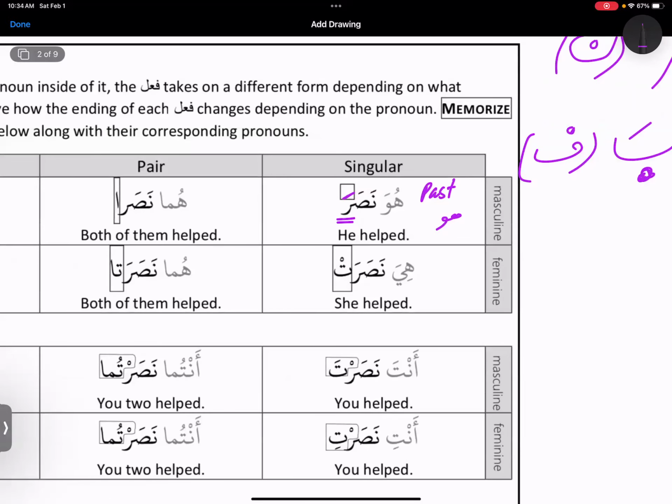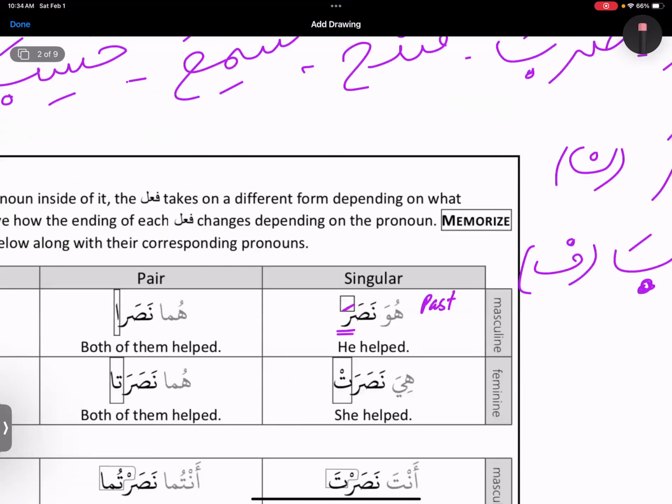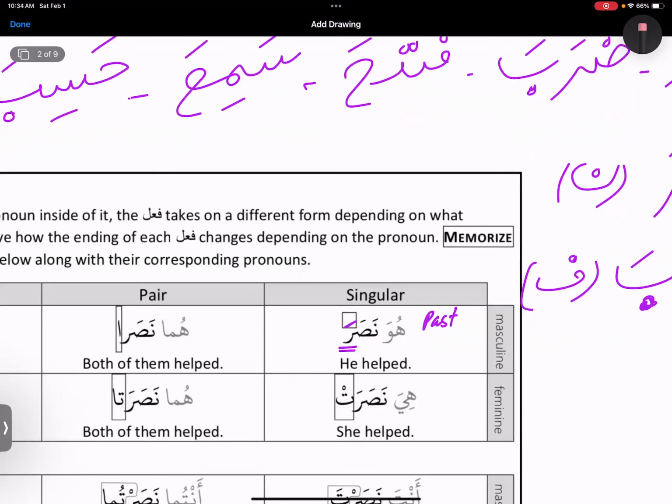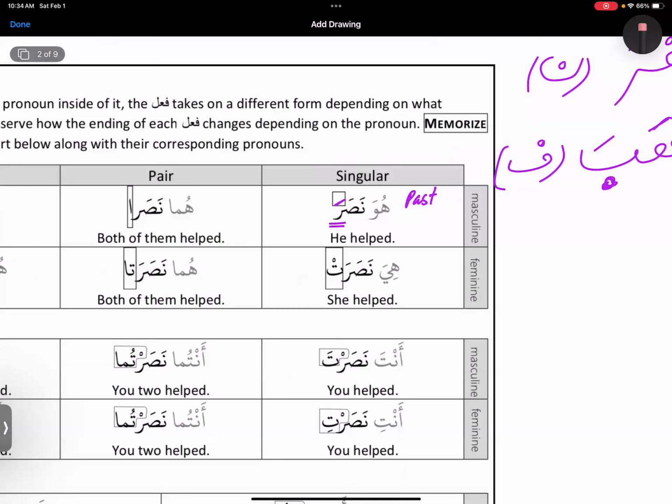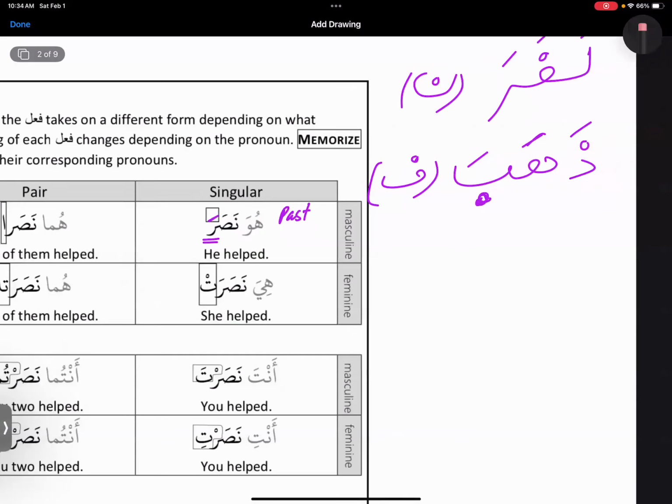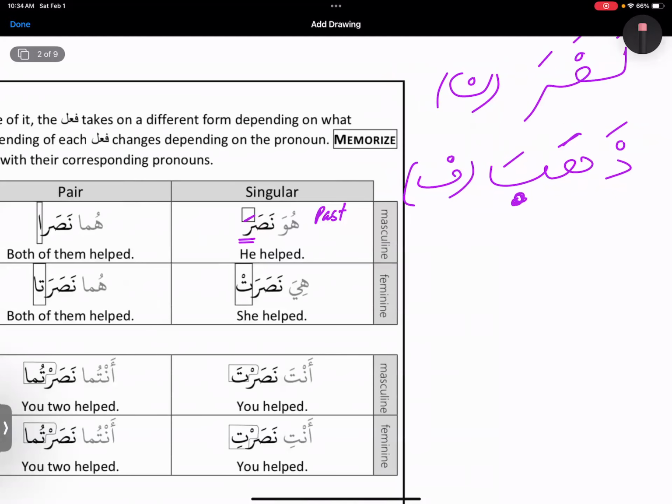Over here, this huwa, if you see it in the Arabic books, it will say Fi'lun Madin. This is how we are supposed to label it. We are supposed to say Fi'lun Madin. Again, what kind of construction is Fi'lu Madin? Idafa.